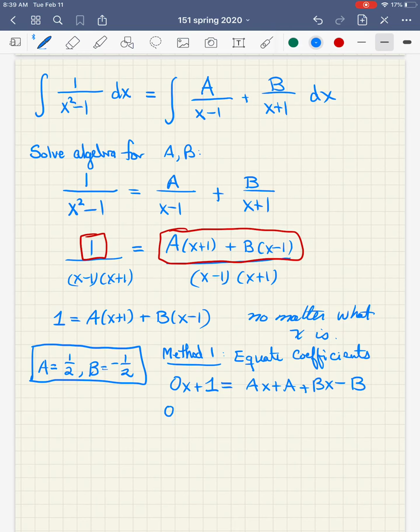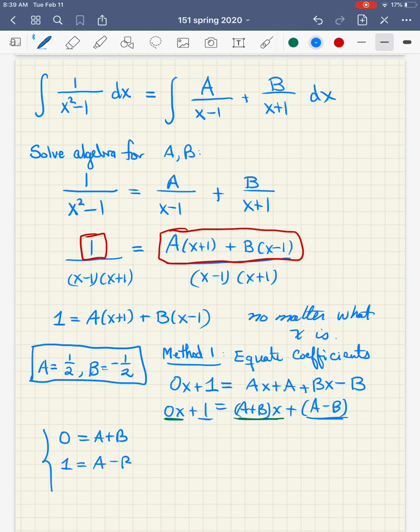If I rewrite that, I get 0x plus 1 equals a plus b times x, plus a minus b. So we have an x term on both sides, and we have a constant term on both sides, and those have to be equal. We get 0 equals a plus b, 1 equals a minus b, and then we can solve that system.